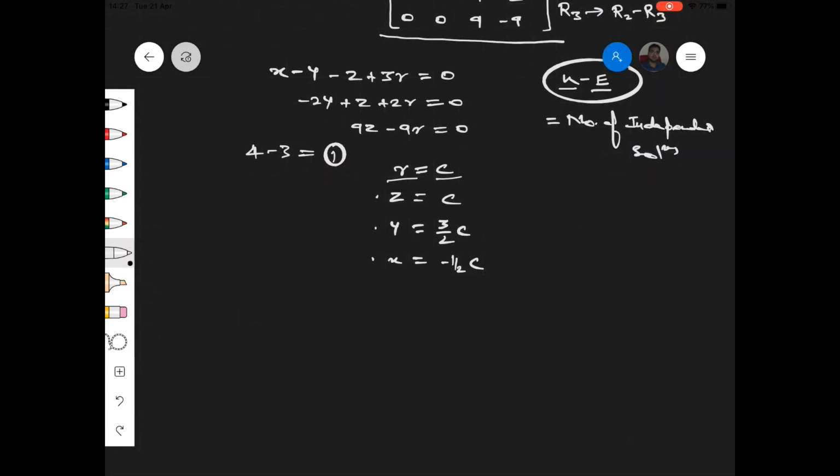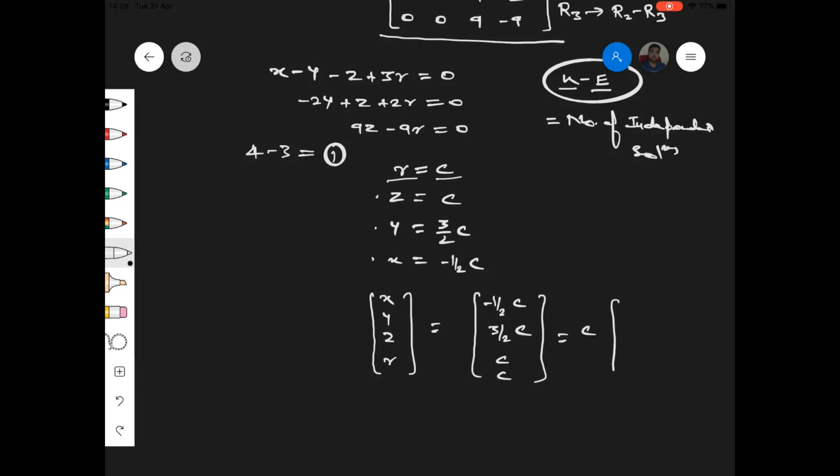So this solution in a vector form can be written as x, y, z, r. This is equal to, we can write minus 1 by 2c, 3 by 2c, c and c.